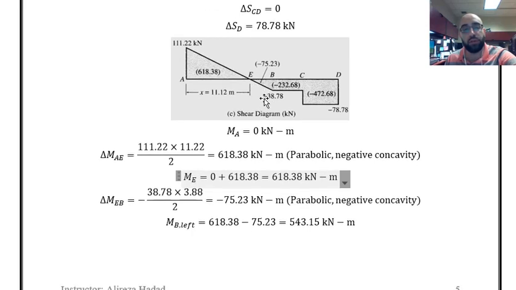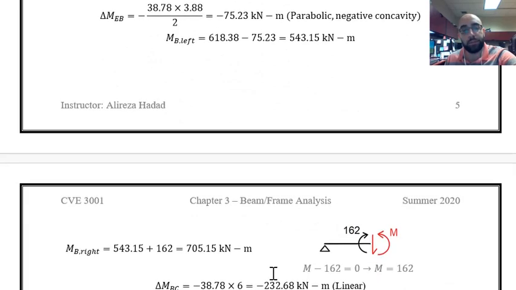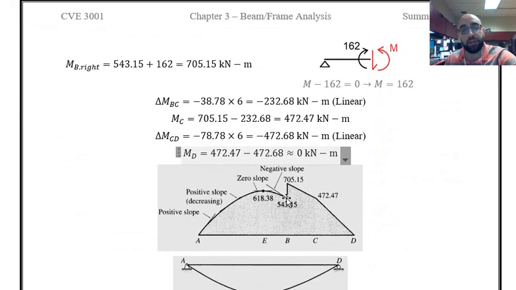From point E to point B, I can find the area under this triangle as minus 75.23 kilonewton meter. So I have to add this to the amount of bending moment that we had at point E, which was 618. Adding these, you can see at point B, my bending moment is 543. That is what we have over here.